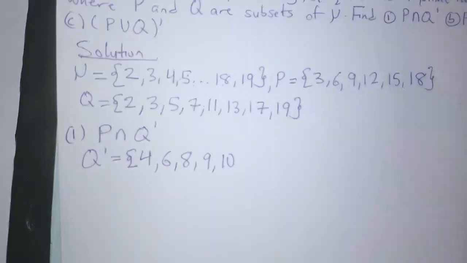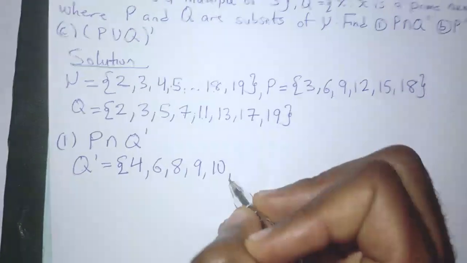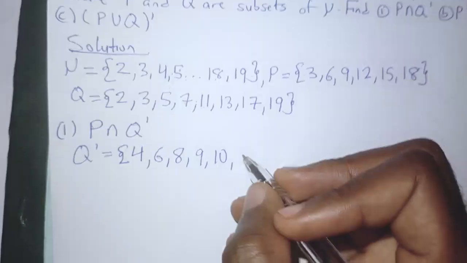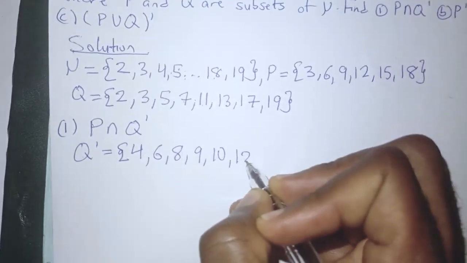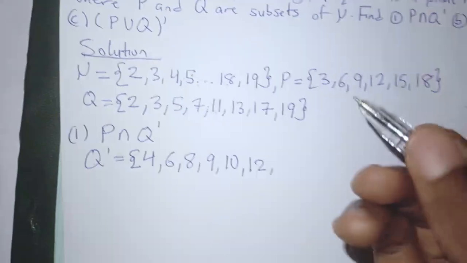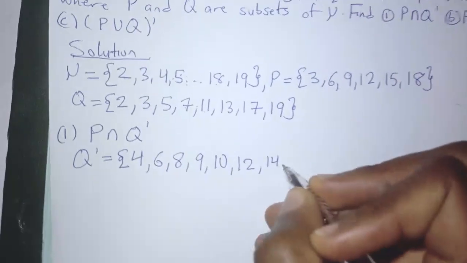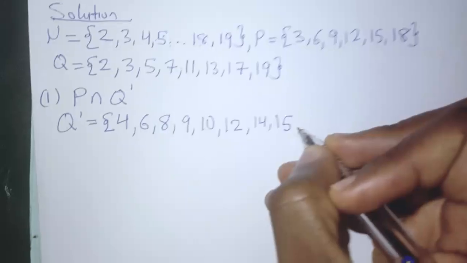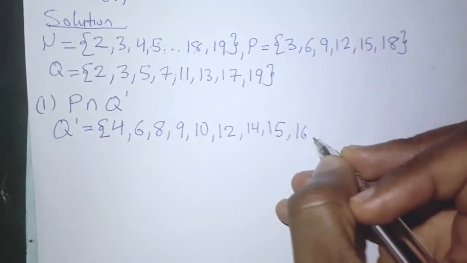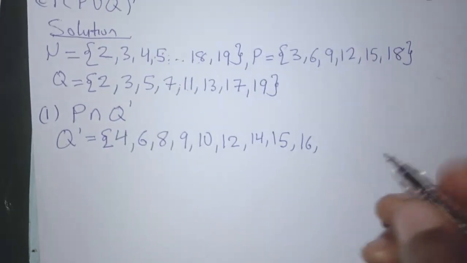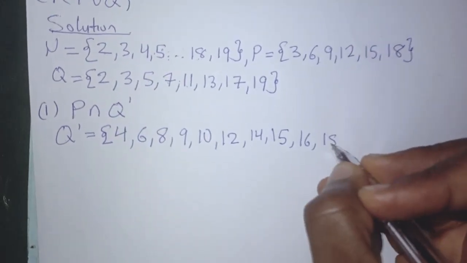11 is there, so you don't include 11. 12 is not in Q, so you include 12. 13 is here, 14 is not there, include 14. 15 is not, 15. 16 is not, 16. 17 is there, so you don't include 17. Then the last element in Q prime is 18.